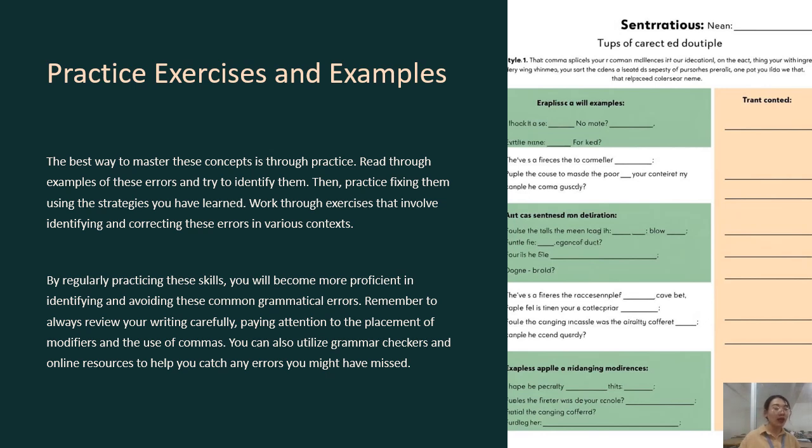Remember that, by using clear and concise language and placing modifiers correctly, you will enhance the clarity of your writing, making it more engaging and easier for readers like you and me to understand. Alright, so I hope you all are clear enough with this unit 4.